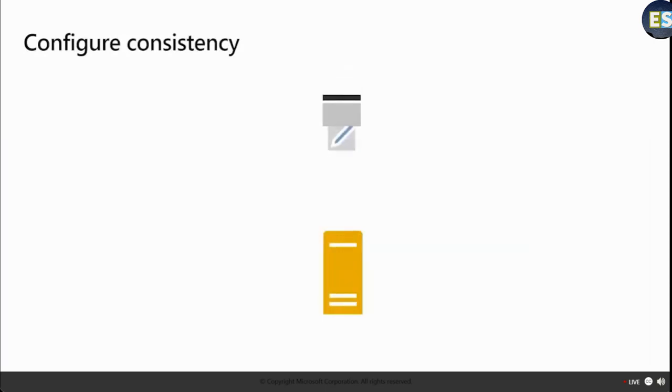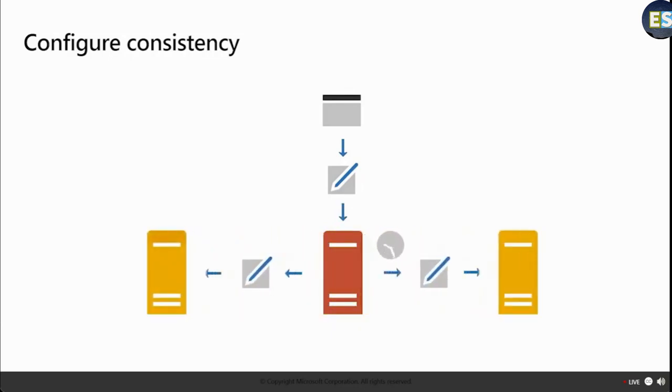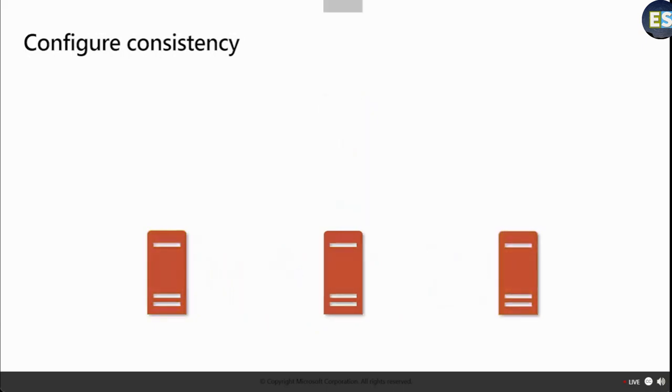So when an application writes data, the change is recorded by one server and then propagated to the other servers in the cluster asynchronously. While this strategy helps to minimize latency, it can lead to inconsistencies in the data. For example, application 1 might make changes to a document, and then application 2 reads the same document.